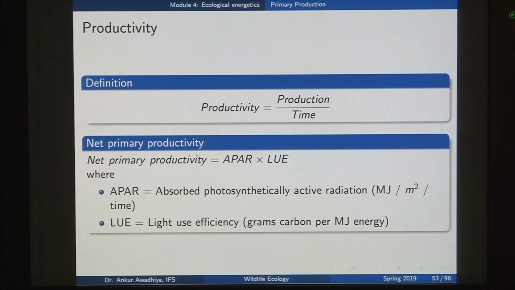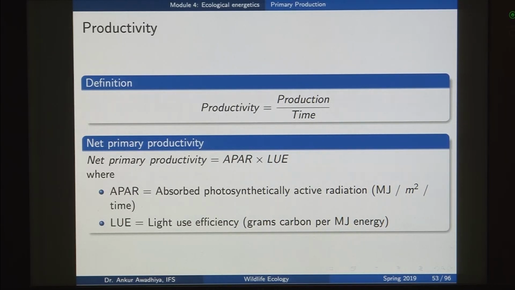It will also depend on the amount of cloudiness in that area, because clouds are able to block this sunlight. So, if there is an area that has more clouds in a year, in that case the APAR will be less. Now, similarly, we can compute the light use efficiency. Light use efficiency will depend on different species.